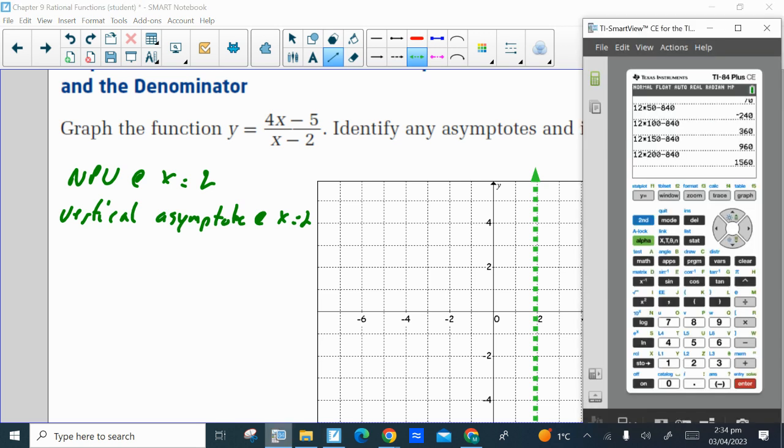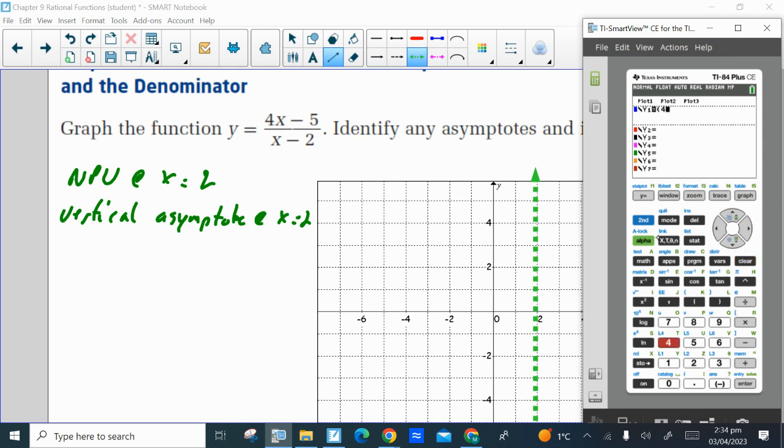Let's look at this graph on our calculator though, because the equation is in a different format than what we're used to seeing here. So there is a horizontal asymptote, but because the equation is in a different format, it's not quite so obvious where that horizontal asymptote is.